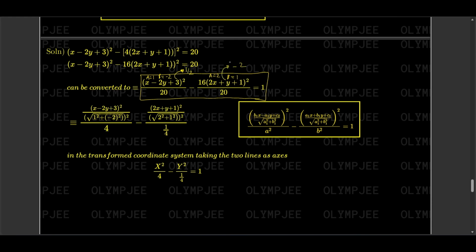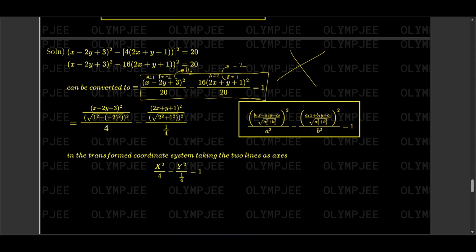So the product of the slopes is -1. So these lines are perpendicular. So this must be of this form, where two perpendicular lines are forming the standard coordinate system for the hyperbola. So we can convert it into this form by some manipulation. So you can see that root of 1 square plus -2 square is equal to root 5, and we have to take square of that, so it is 5.